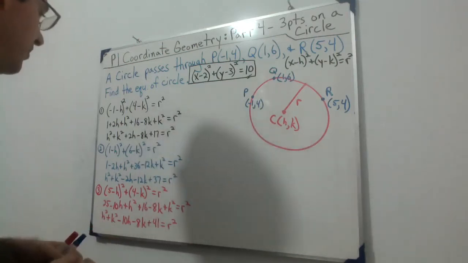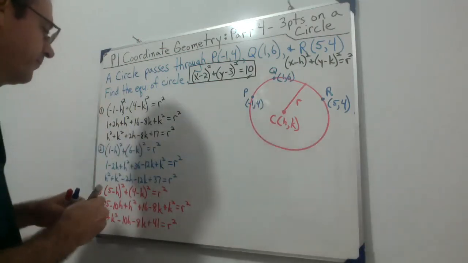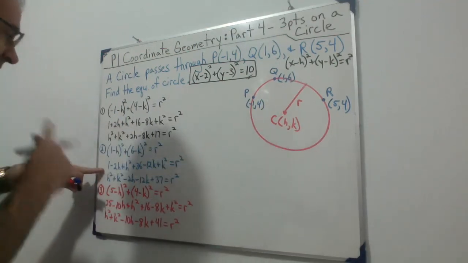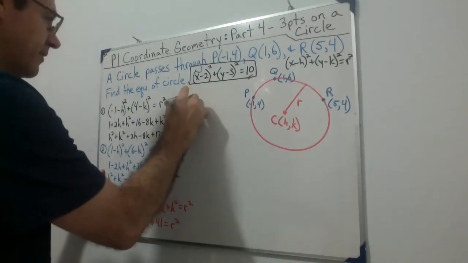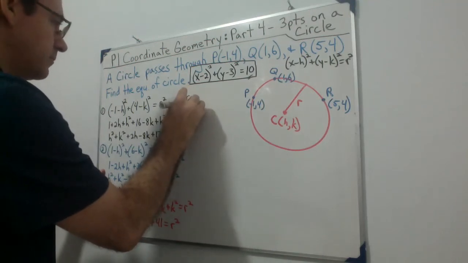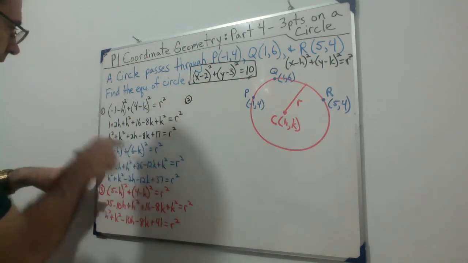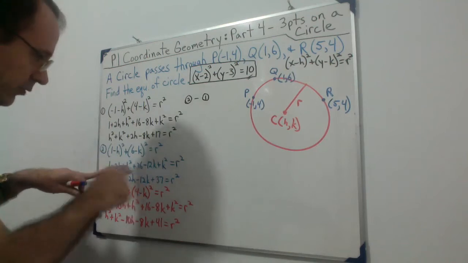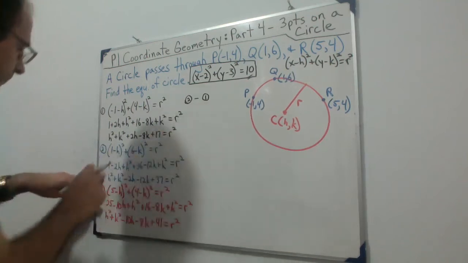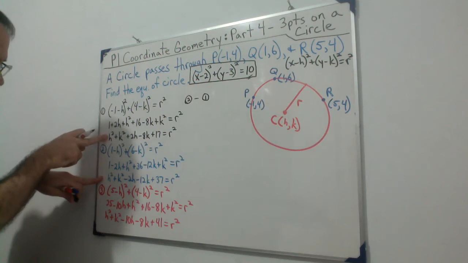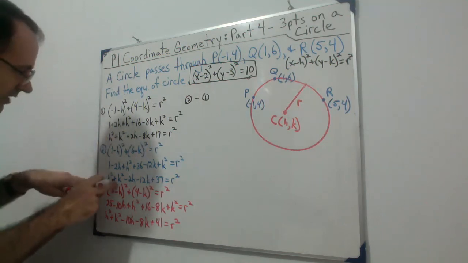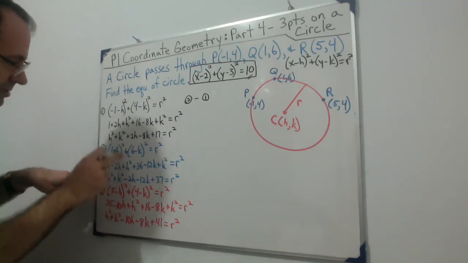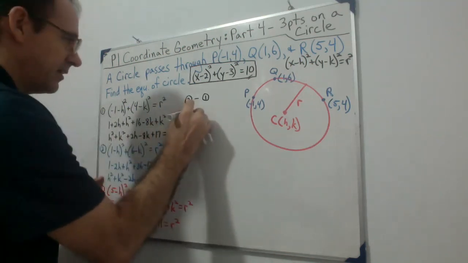So what we're going to do is subtract. Since we have a 37 and 17, that makes it kind of nice. So we're going to take number 2, and we're going to subtract number 1. So equation 2 minus equation 1, h squared minus h squared cancels out. K squared minus k squared cancels out. Negative 2h minus 2h is a negative 4h.